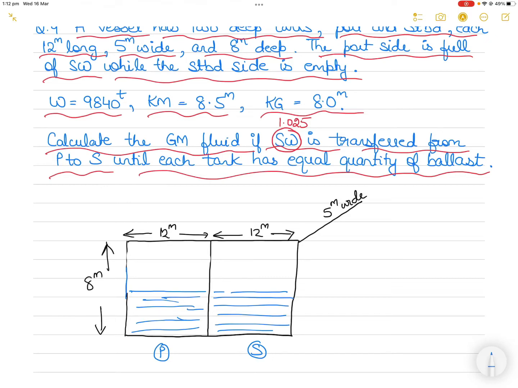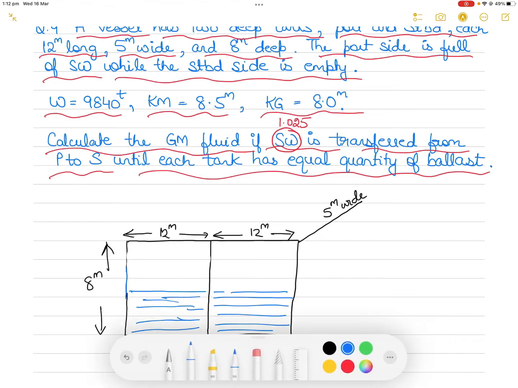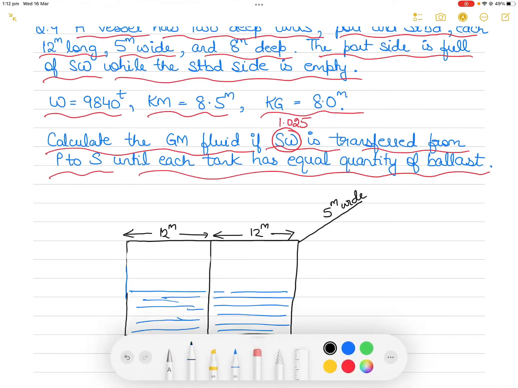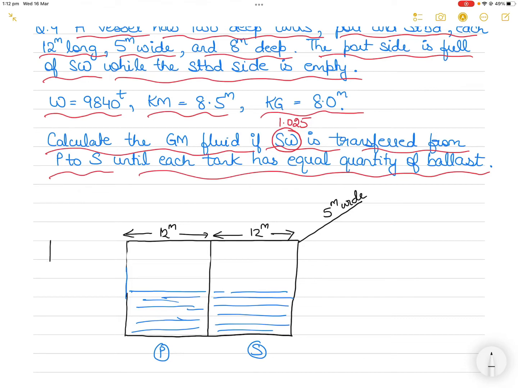So we've got 8 meters of depth of tank. Now you've got half a tank full of water, right? The total depth of the tank is 8 meters, remember that, but now you have filled it up to 4 meters each.